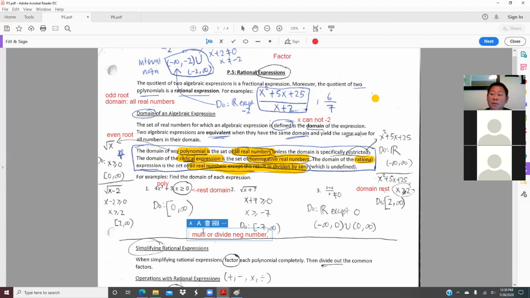Anyone remember what happens? This is very basic stuff. You guys should know. When you multiply and divide with a negative number, what happens to your inequality sign? Anyone know?